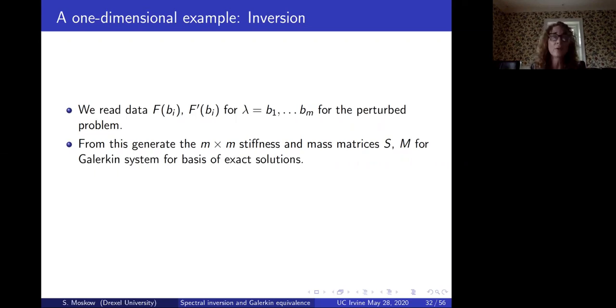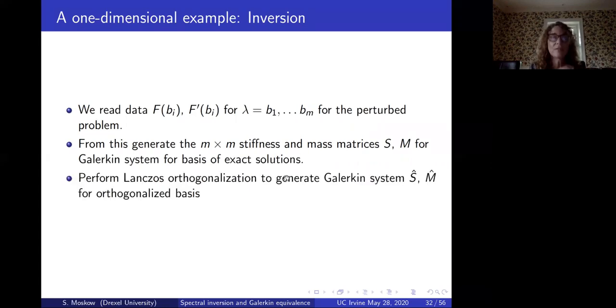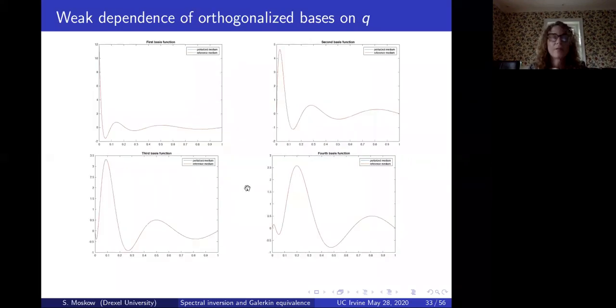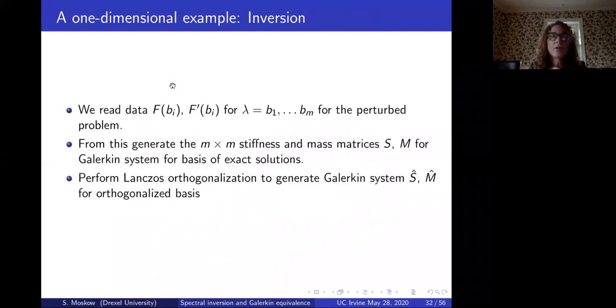These, you'll remember, correspond to the Galerkin system for the basis of exact solutions. Then we could perform Lanczos orthogonalization to generate S hat and M hat, that is, the orthogonalized basis versions of the stiffness matrix. And these next couple slides show the weak dependence of these bases on Q.